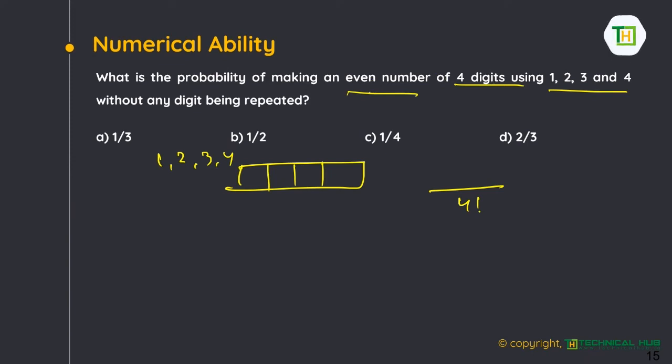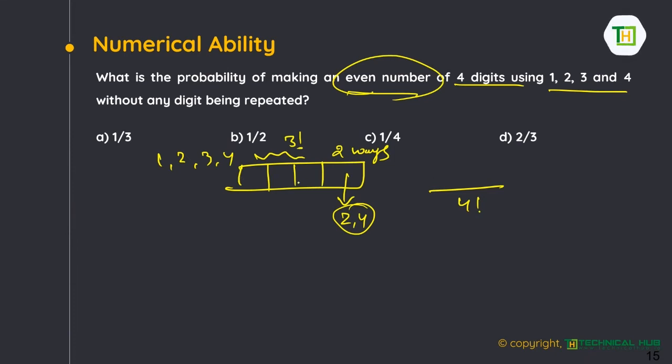After that, we need to form an even number. An even number is possible only if it ends with 2 or 4. That means 2 ways for the units place, and the remaining 3 places with 3 numbers we have, that is 3 factorial ways.